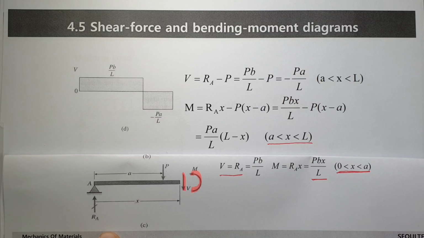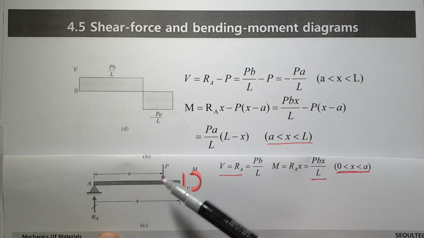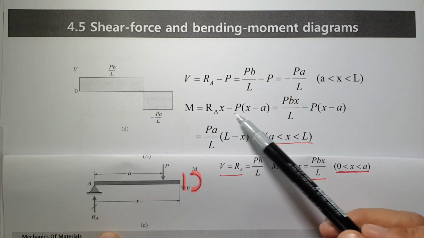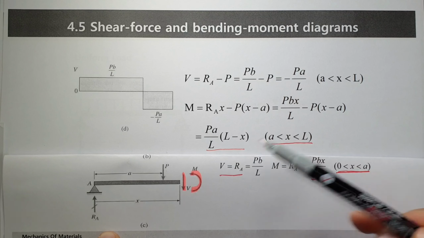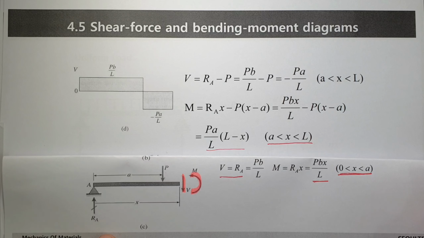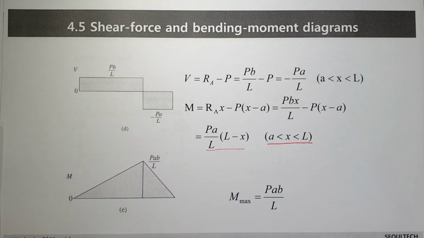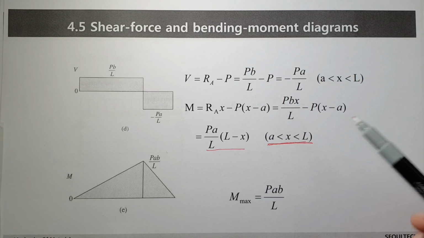And for moment M, when you consider around here, RA and P are considered, and then you can calculate the moment like this. Now we have calculated V and M in the case of this range.